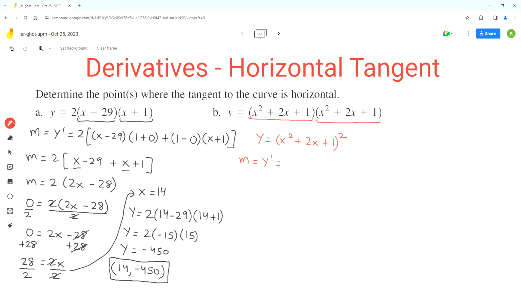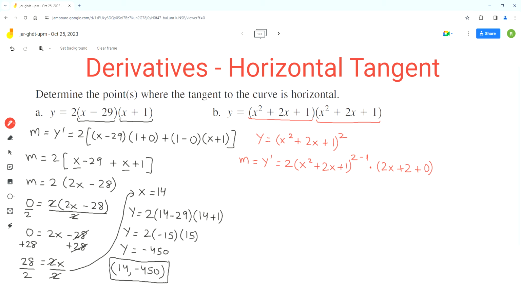So we move the exponent 2 to the front, and then times (x squared plus 2x plus 1) with exponent 2 minus 1, and times this by the derivative of the expression in the parentheses, x squared plus 2x plus 1, which is 2x plus 2 plus 0.